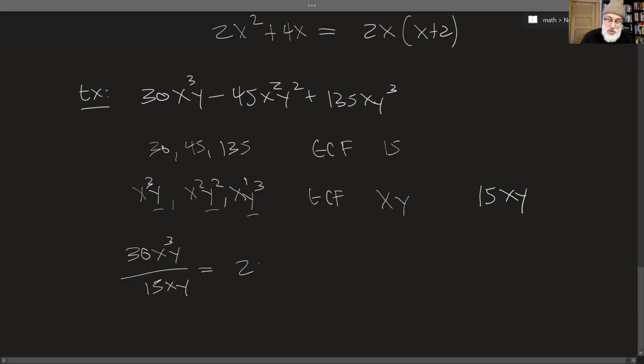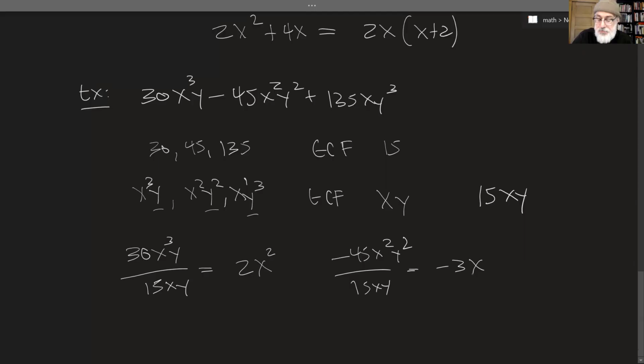X cubed, x divided by x leaves an x squared, and y divided by y just leaves 1. Now negative 45x squared y squared divided by 15xy will leave us with negative 3, because 45 divided by 15 is 3. Negative x squared divided by x leaves an x. Y squared divided by y leaves a y.